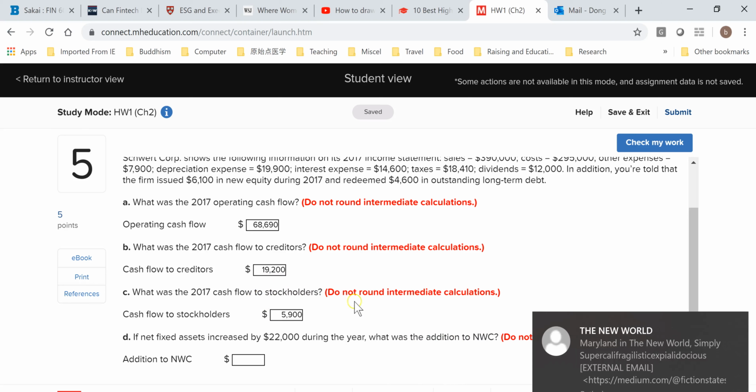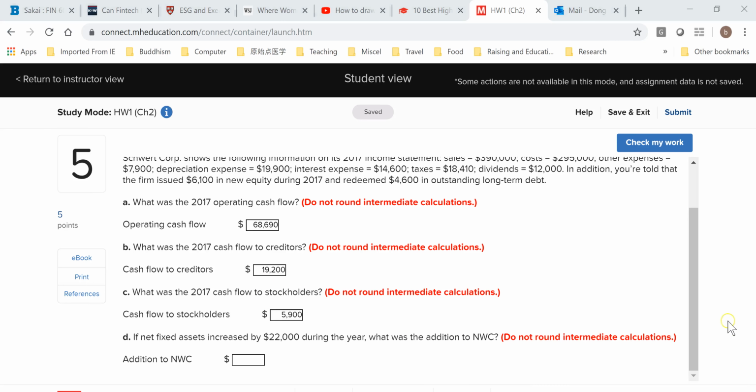What this cash flow identity means is that the total cash flow, or what we call the free cash flow, or cash flow from assets, so the total cash flow equals the cash flow to creditors plus cash flow to stockholders.